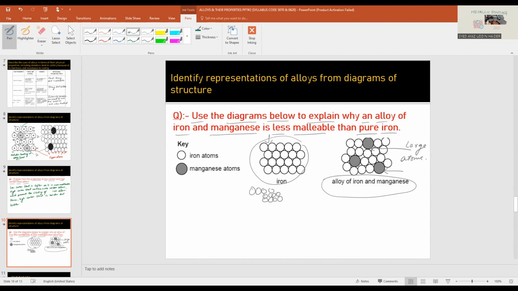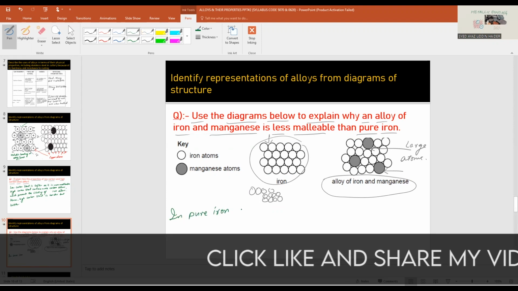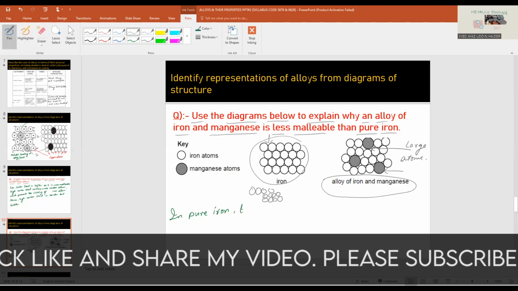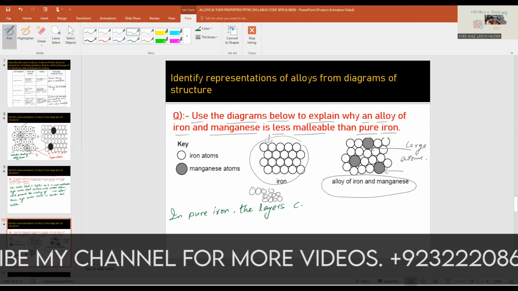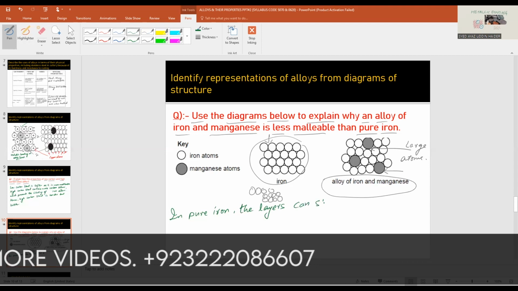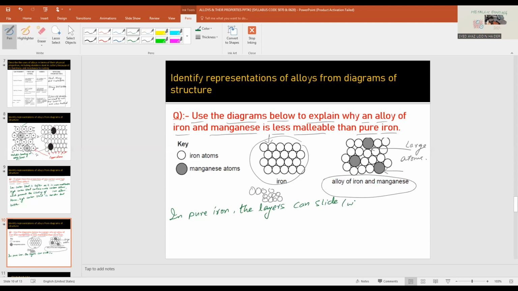So we will write: in pure iron, the layers can slide when force is applied.